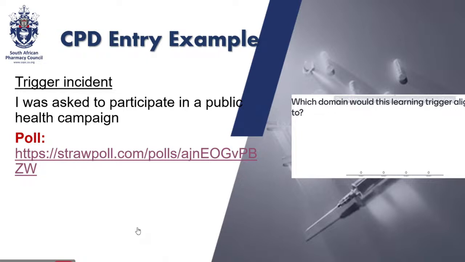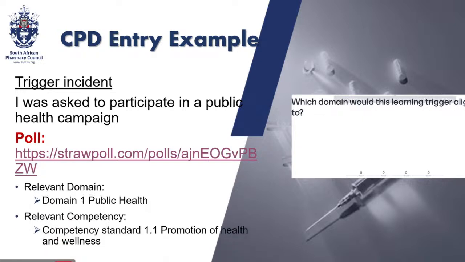We've got 1 vote for domain 5, 2 votes for domain 3, 2 votes for domain 2, and 37 votes for domain 1. Indeed, it is domain 1, which is public health. The relevant competency within that domain would be competency standard 1.1, the promotion of health and wellness.